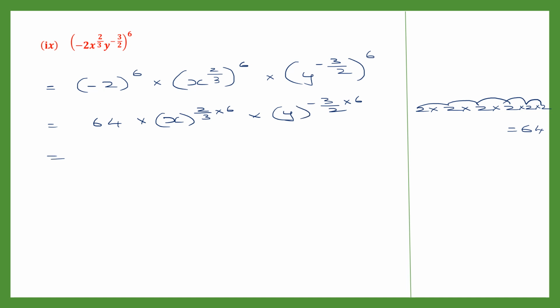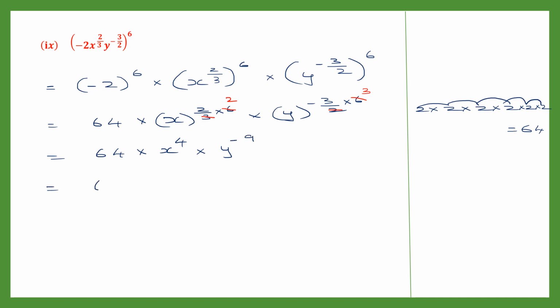So this is 64 into x to the power of, now here you can cancel, 3 ones are 3, 3 twos are 6. So when you multiply the powers, 2 into 2 is 4. X to the power of 4 into y to the power of, cancel here again, 2 ones are 2, 2 threes are 6. So this is y to the power of minus 9.